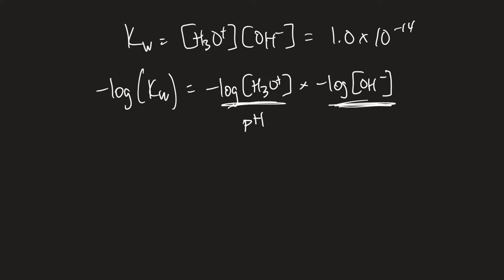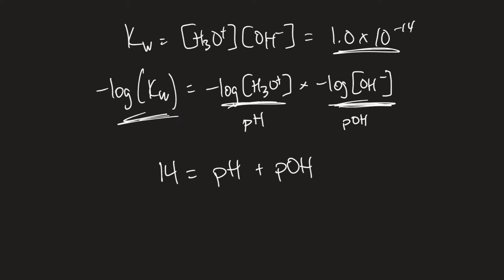The negative log of the hydroxide, we call the pOH. And then the negative log of Kw, well, remember, Kw is really just 1.0 times 10 to the negative 14. So the negative log of 1.0 times 10 to the negative 14 is 14. So 14 is equal to pH plus pOH.